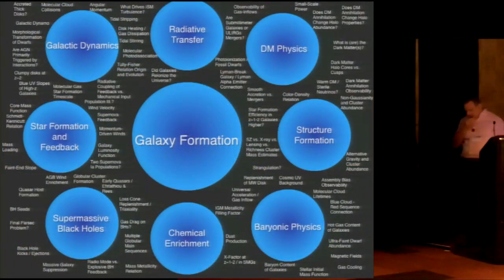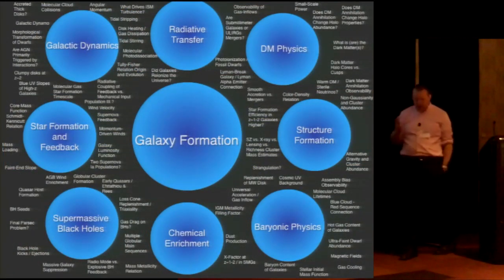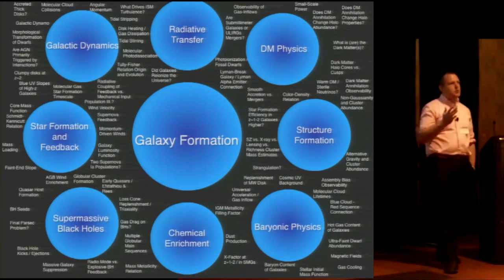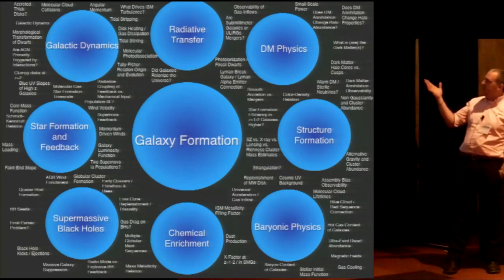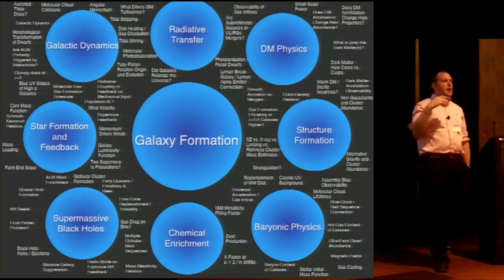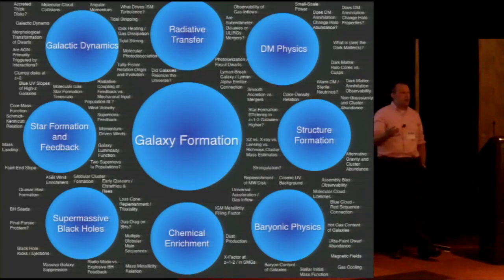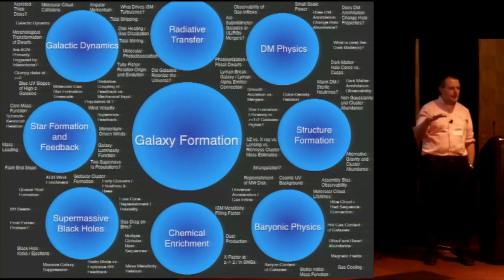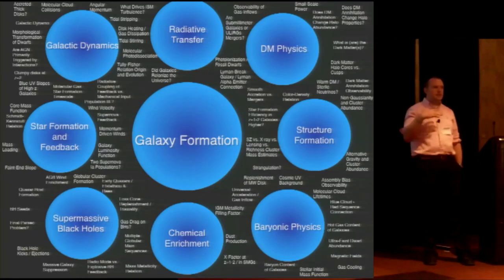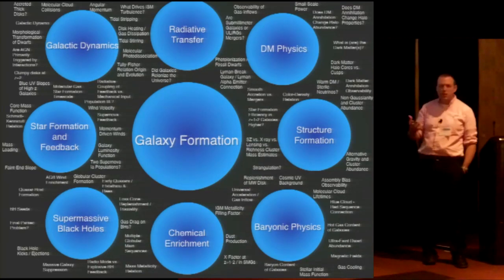Okay, so in the context of galaxy formation, there's a very large number of physical processes that you might be interested in. So here I have galaxy formation at the center. Galaxy formation involves the formation of dark matter halos, the cooling of gas in the universe to form galactic disks. Those galactic disks, the gaseous components, then form stars.